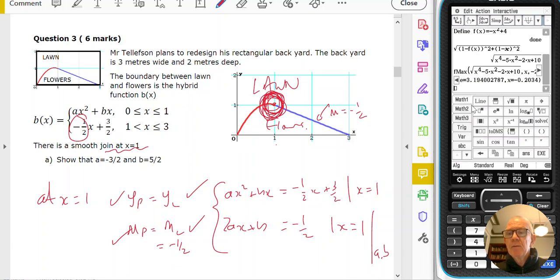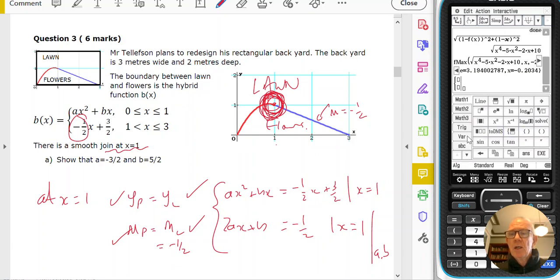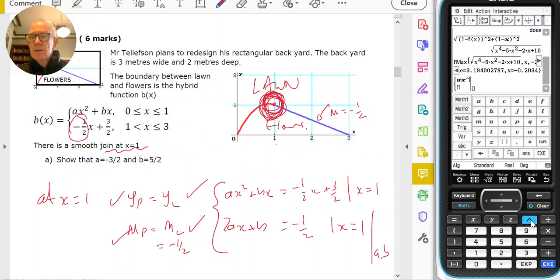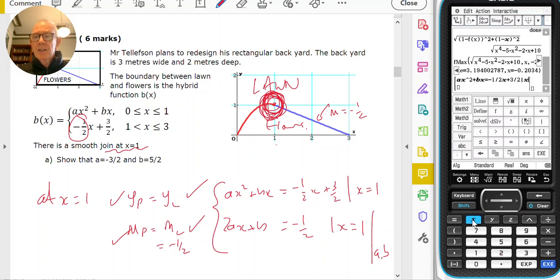So if I jump out of here, Math 1, simultaneous equations, I've got variables a, x squared plus bx equals negative 1 divided by 2x plus 3 on 2. And all of that is given at x equals 1. And I know that 2ax plus b equals negative a half, also given x equals 1.